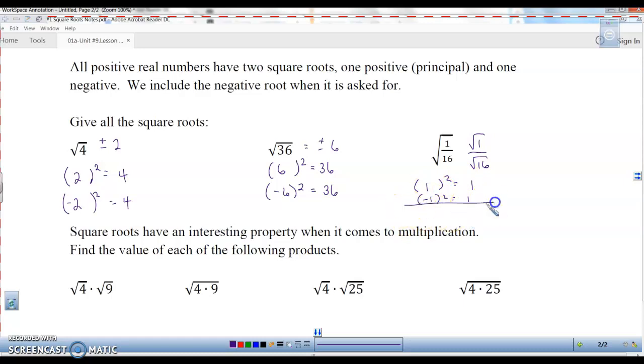All right, and then for the denominator, 16, what squared gives you 16? Be very careful of this one. It's not 8, it's 4. 4 squared gives you 16, but also negative 4 squared gives you 16. So the square root of 1/16 is actually going to be plus or minus 1/4.